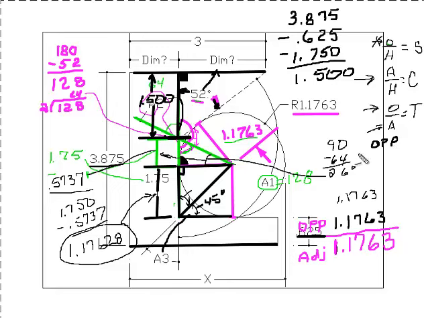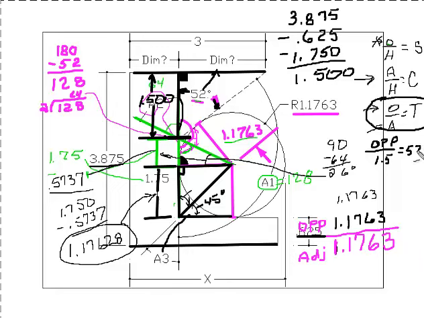The one on the bottom is the one that you have, and you have this distance right here, the adjacent side. So we're using this formula right here. And the adjacent is going to be 1.5. And we know that we have the tangent of 52 degrees.